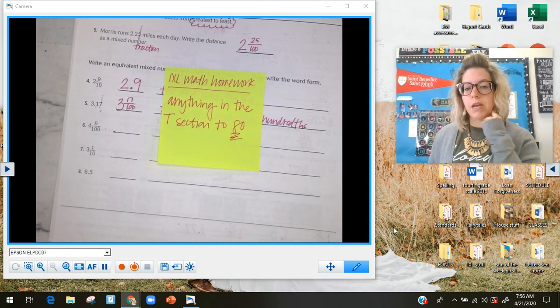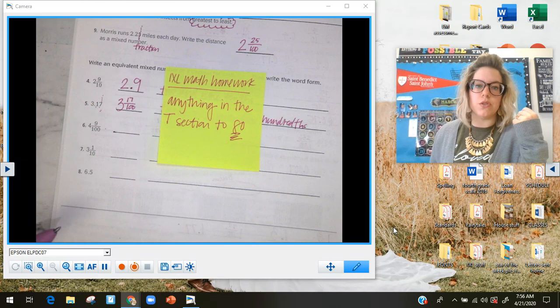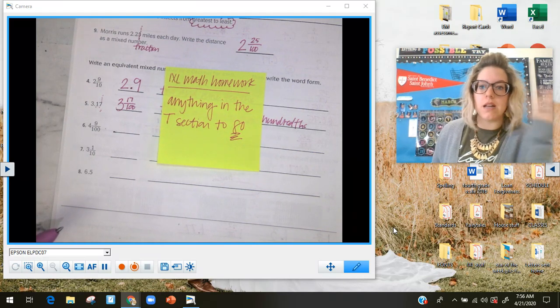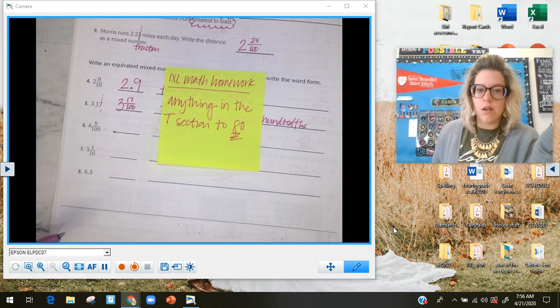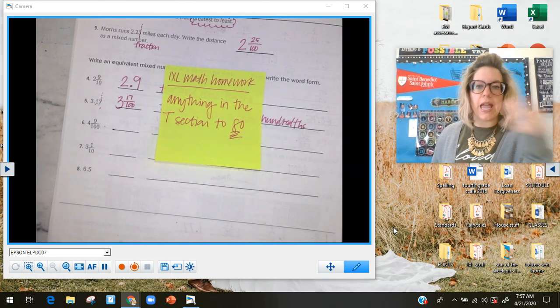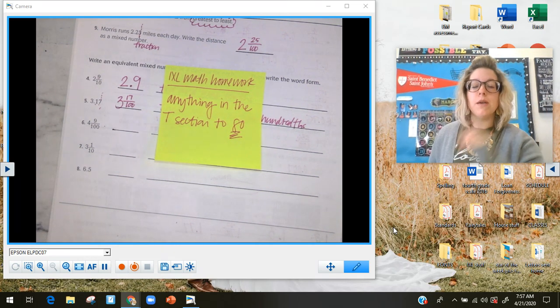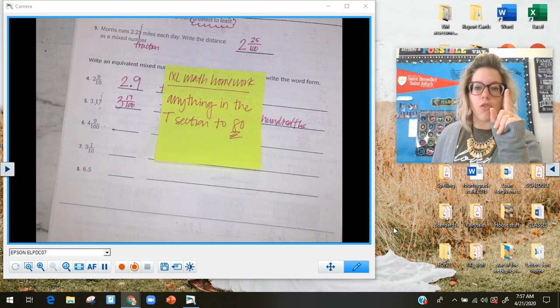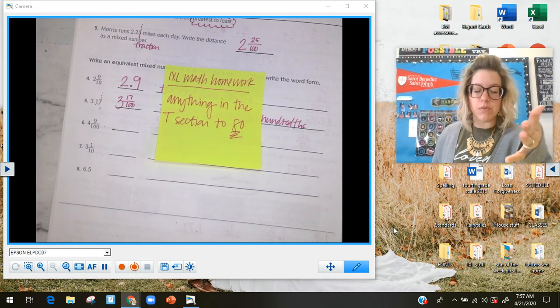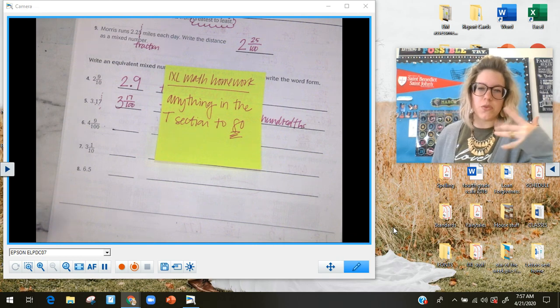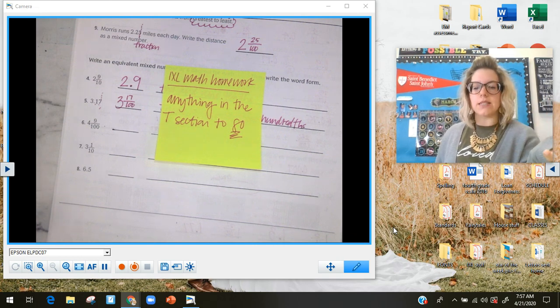If there's one that maybe you missed or you didn't do because you were gone that day, or whatever, if there's one that you missed that I've already assigned, do that one. But if you've done all of the ones that I've assigned, then just go into the T section and pick any one to work on. I would not suggest hopping around to a whole bunch of them. Pick one and work on it all the way to 80. I'm not going to go through any IXLs right now with you because all of you are going to pick a different one. So I can't really go through an IXL with you.